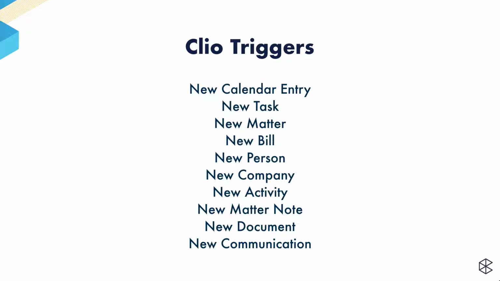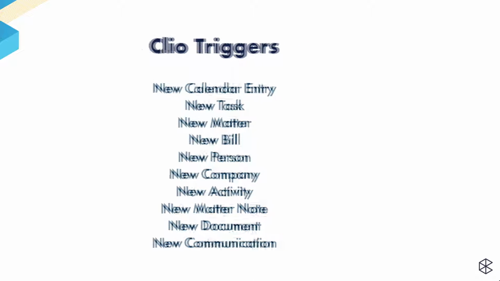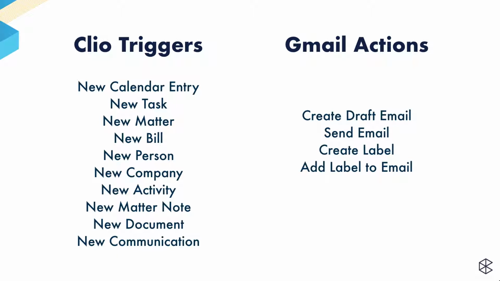If you take a look at this list, these are things that when you do this thing in Clio, you can make other things happen other places. Okay? So taking a look at the actions that you can take with some of these. Maybe you create a new matter in Clio, and you want it to automatically create that label in your Gmail account so you can identify those emails are related to these types of matters.